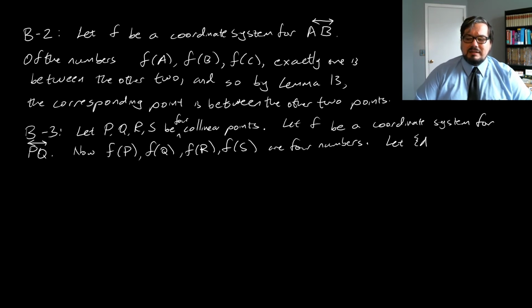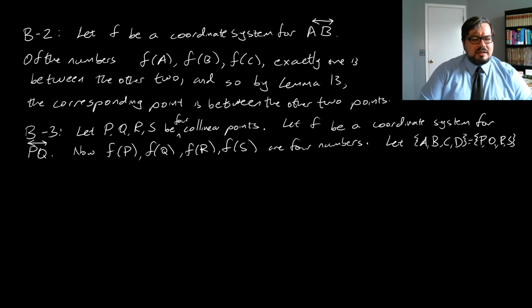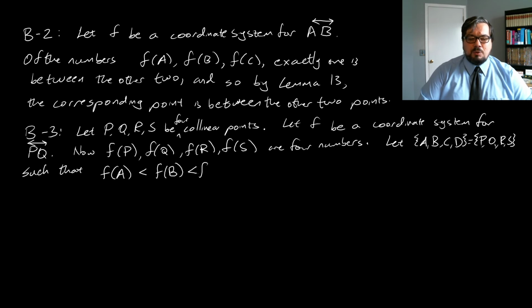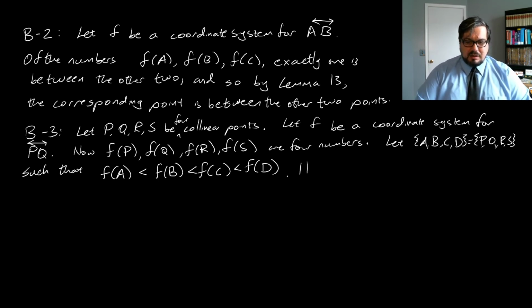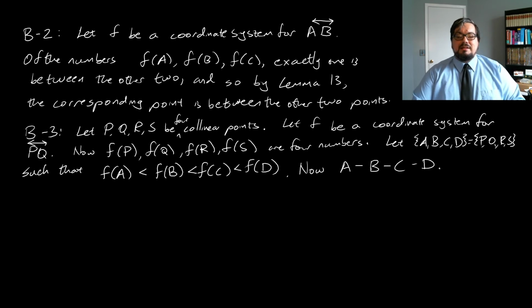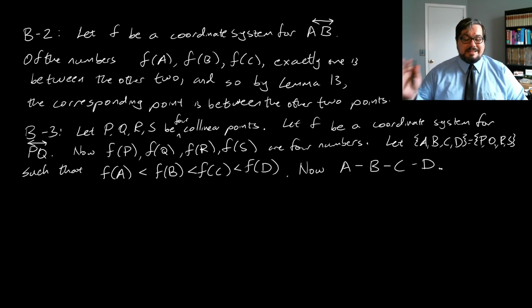So let's let A, B, C, D be the 4 points P, Q, R, S, but such that A has the least coordinate of the 4 of them, B has the second least coordinate, C has the third least coordinate, and D has the highest coordinate. So now A, B, C, D is a relabeling of P, Q, R, S, but we have the relationship A to B to C to D.